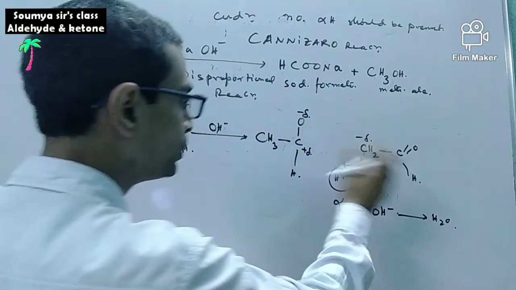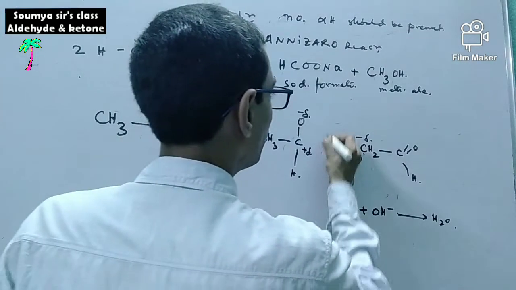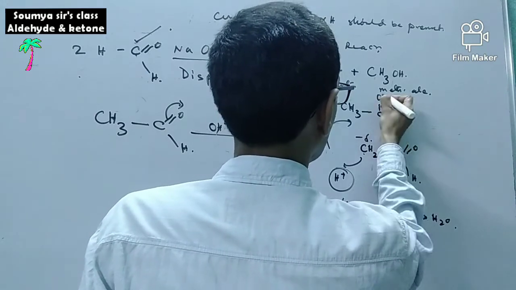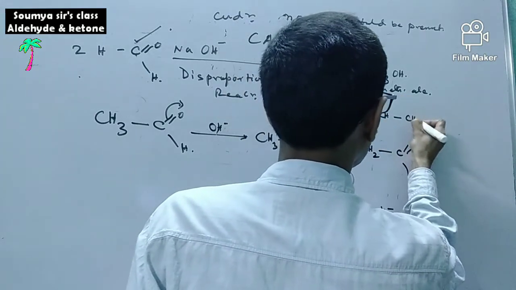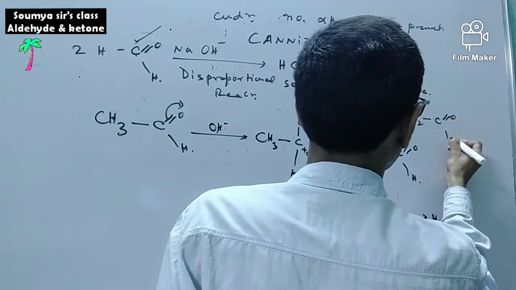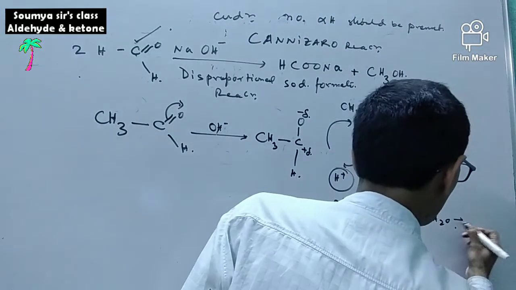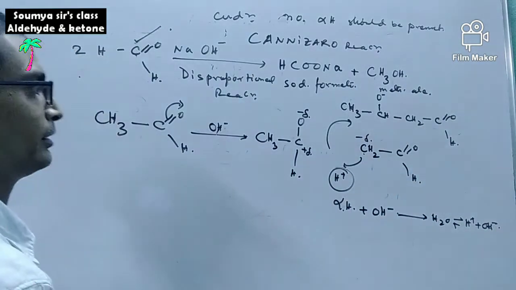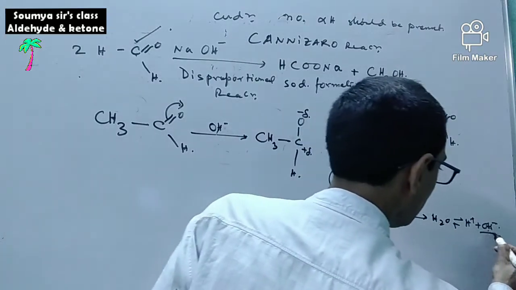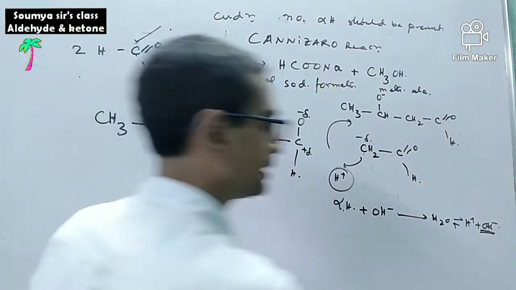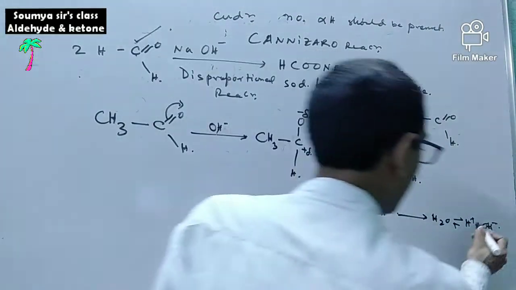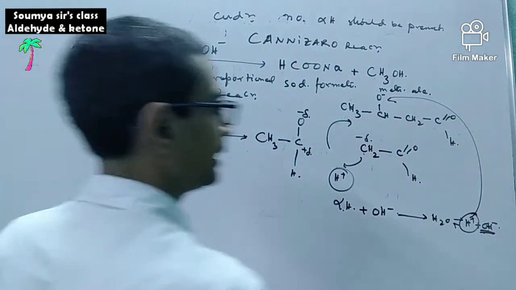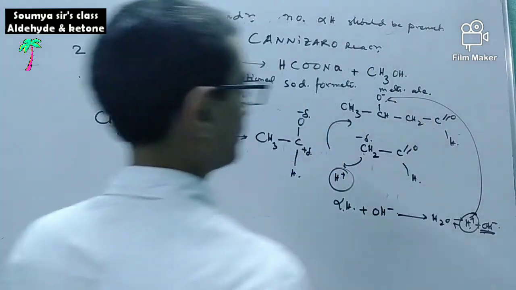The electrostatic attraction between the two aldehydes will combine them to form CH3CHO minus, CH2 and CH2. Later on, this H2O will dissociate into H plus and OH minus. So the OH minus remains in the medium and the H plus attacks the O minus charge.